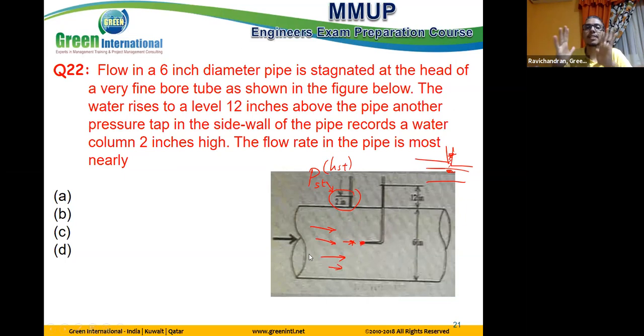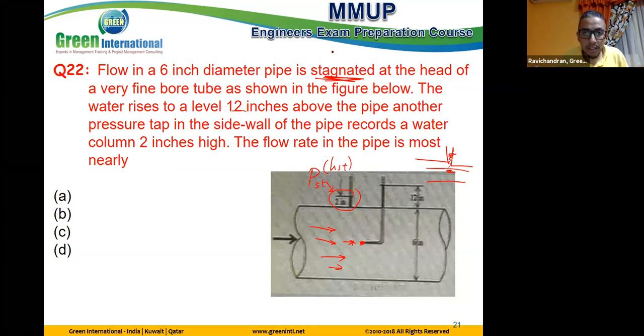But here the flow is stagnated at the head of a very fine pitot tube, as shown in the figure, and the water rises 12 inches. So for that pipe rising 12 inches, the flow is stagnant.